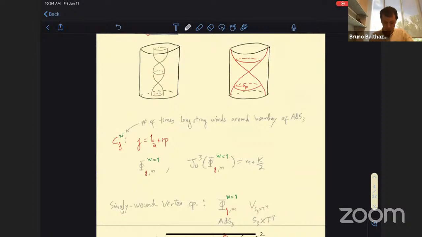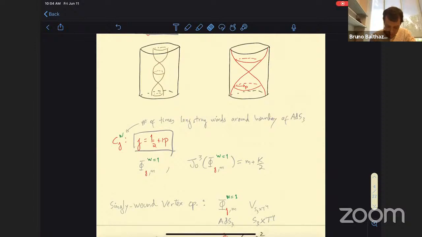Right, so in a bit more detail, the SL(2,R) spin j is written in this way in terms of a parameter p, which is like the radial momentum of the long string. And the parameter w corresponds to the number of times that the long string winds around the boundary of AdS3. So this is a good quantum number, provided the string is far from the center of AdS.